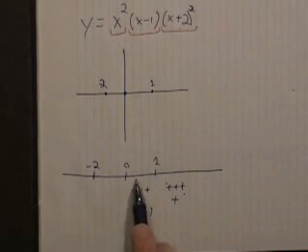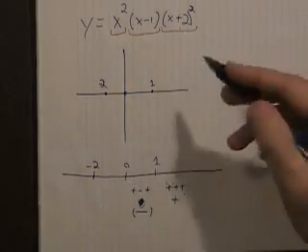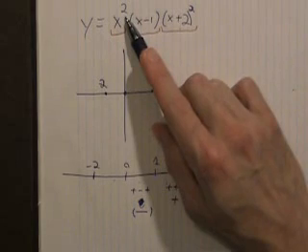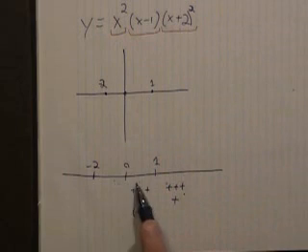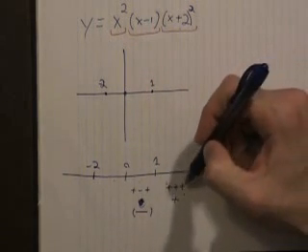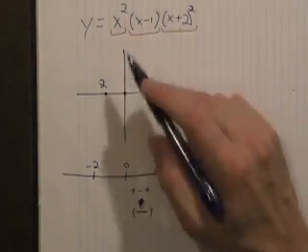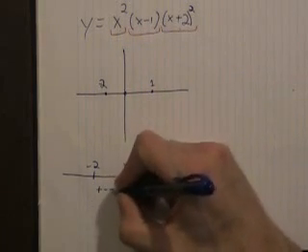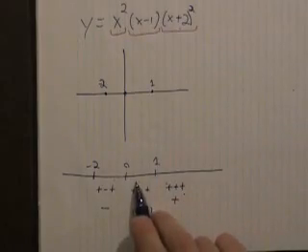Now look carefully. When we cross over 0, the factor that would have the opportunity to change sign would be this. However, since it has an even power on it, this is always going to be a positive number, regardless of which side of 0 we are on. So plus plus plus, plus minus plus, because of this even power, this factor is not going to change, and you're left with the same sign that you had on the other side of 0.